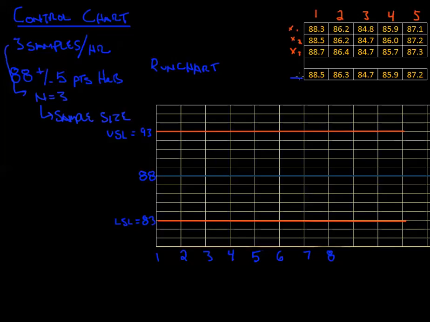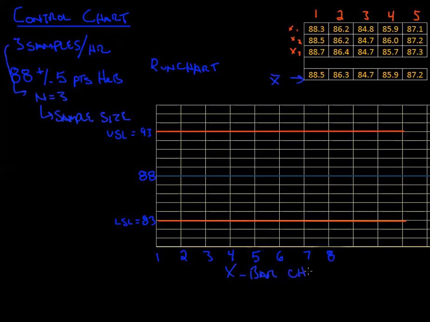These terms right here are commonly referred to as X bar. That bar indicates the average. So this is a run chart, and we're going to be plotting the X bar values. So sometimes you'll hear this term called an X bar chart, and that's exactly what we're doing here.